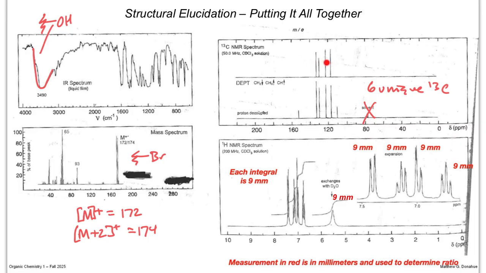These cannot be CH3 groups, because this region of the carbon is for sp2 hybridized carbon atoms. So if it's sp2, the maximum number of attached hydrogens is 2. You can't have a CH3.